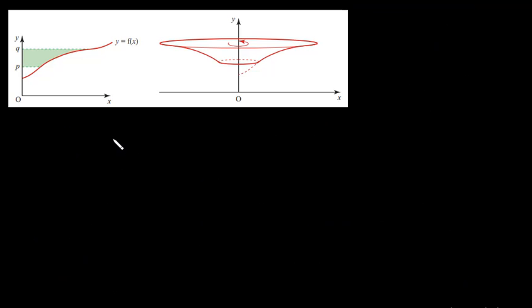From the previous one, we can find the volume of a solid of revolution when it rotates about the x-axis. So now we can also find the volume of revolution of a curve which rotates about the y-axis. So we have the general formula that volume of revolution equal to pi multiplied by the integral between b and a.